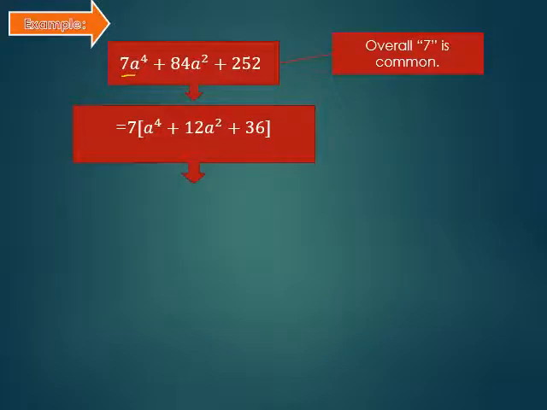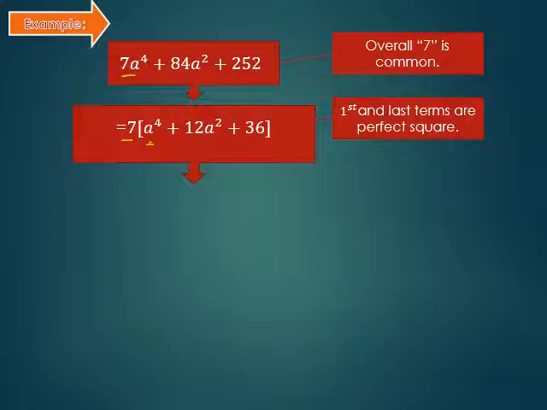So by taking 7 as common, the remaining terms are, from the first term, a4, from the second term, that is 84a square, after taking 7 common, 84 divided by 7 we get 12. So from this we get 12a square. The next term is 252. It is divided by 7. We get 36. So the expression is reduced as this.